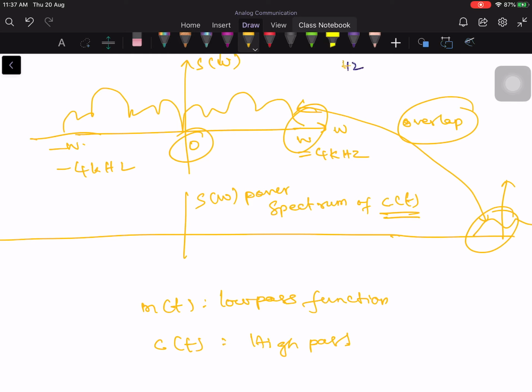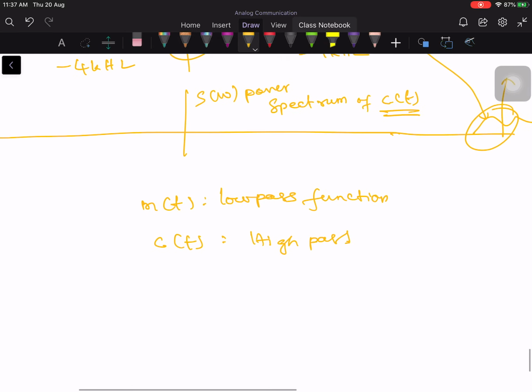Then if you consider the Hilbert transform of the product of these two functions, m of t times C of t, it is going to be m of t times the Hilbert transform of C of t. You can prove this.